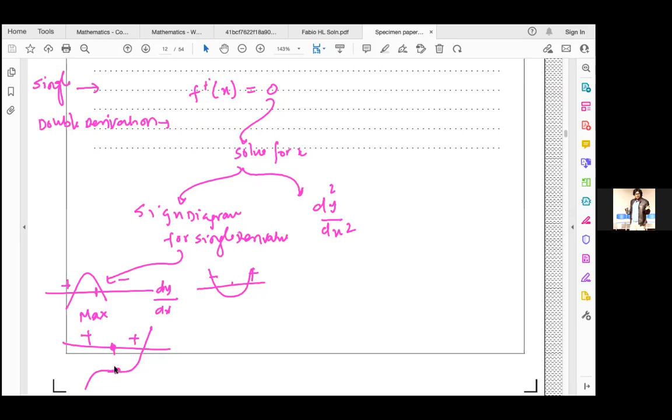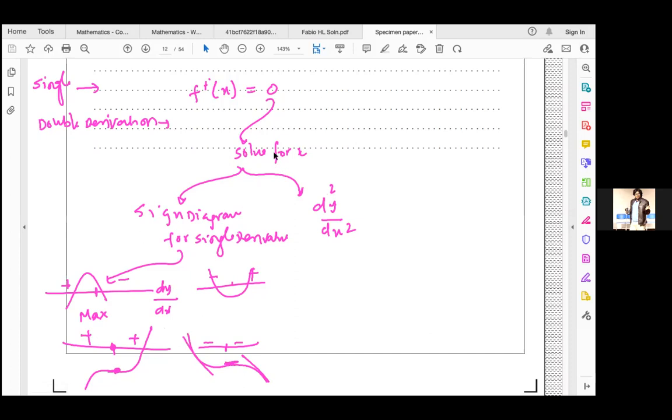If the sine diagram is positive or negative around that point, like suppose the graph is like this, you can see the slope is negative, here also negative. So it is a possible stationary point of inflection.